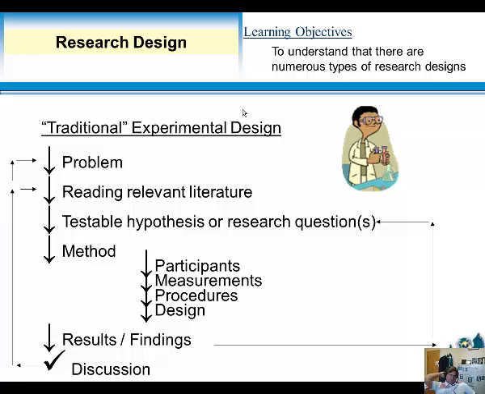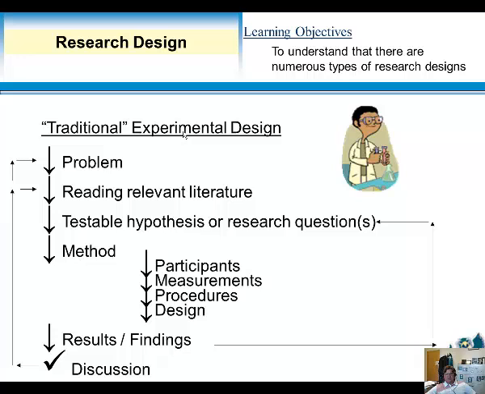To understand a qualitative research design, I like to compare it to the traditional experimental design or quantitative design. And we've talked about these steps: defining your problem, reading relevant literature, developing testable hypotheses or research questions, and then devising a methodology that includes a discussion of participants, measurements, procedures, and your design.